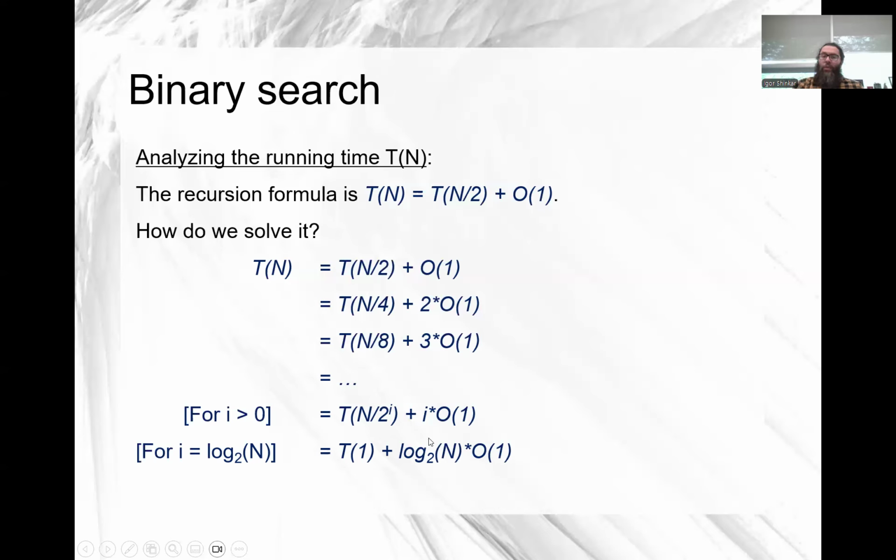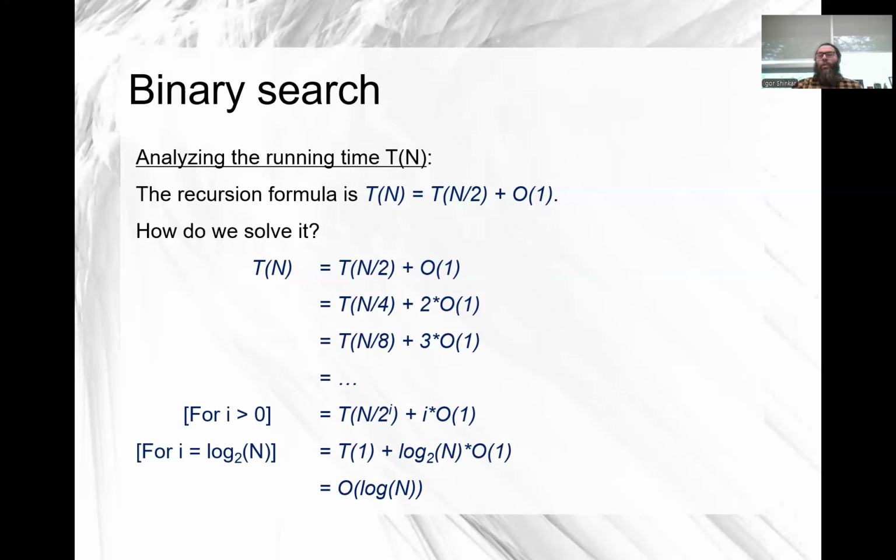Exactly i times, which is log n. So the total running time is order log n. We make log n recursive calls or iterations, and for each of those we pay constant running time. The constant is basically doing all these if conditions.